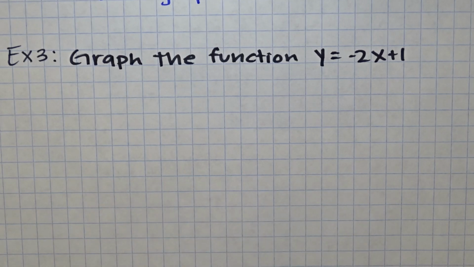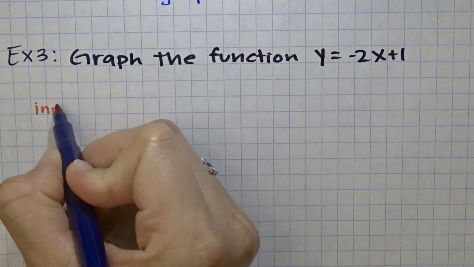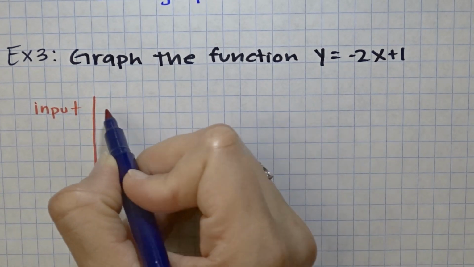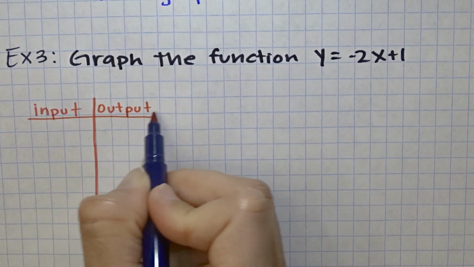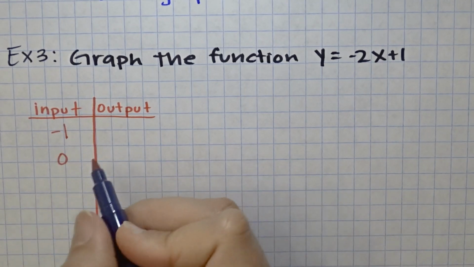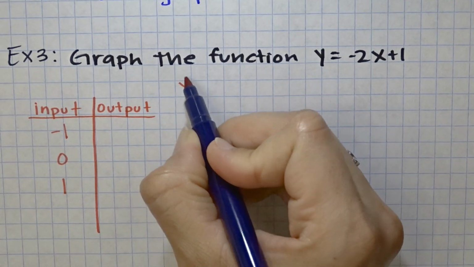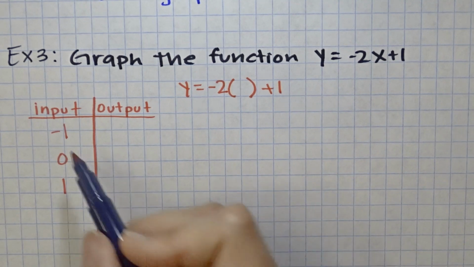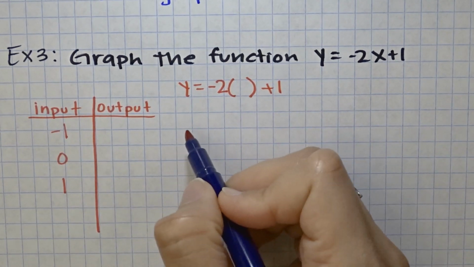So instead of calling it the x and y table, it's our input-output table. And again, this example is just solely to use new vocabulary. Nothing that we're doing is actually any different. Inputs are negative 1, 0, 1. And we'll go ahead and use our formula. So, if I plug in a negative 1, I'll do it over here.